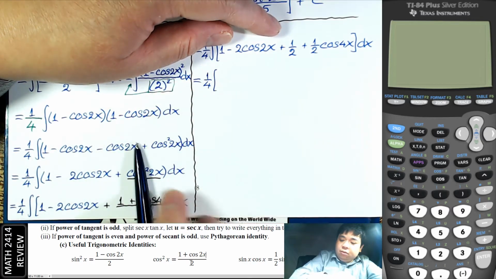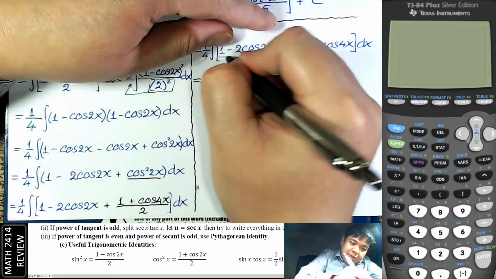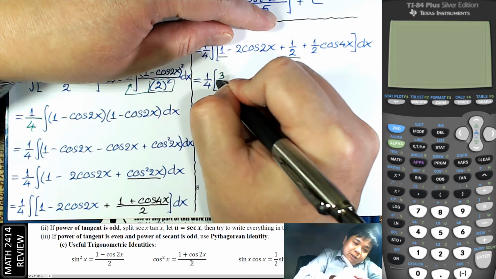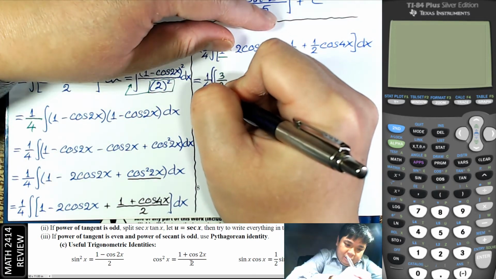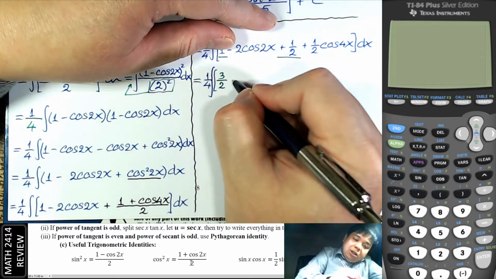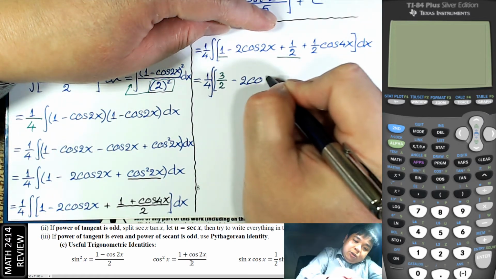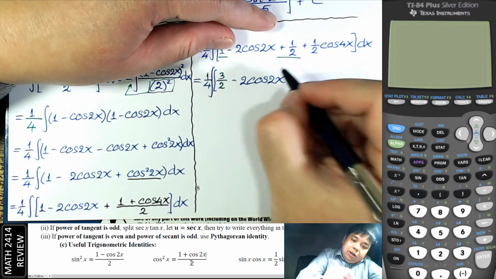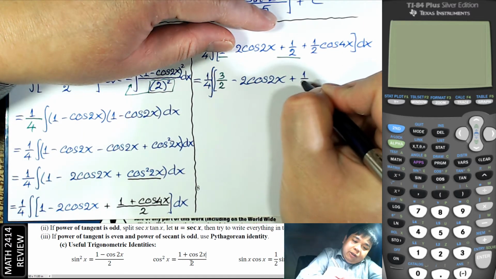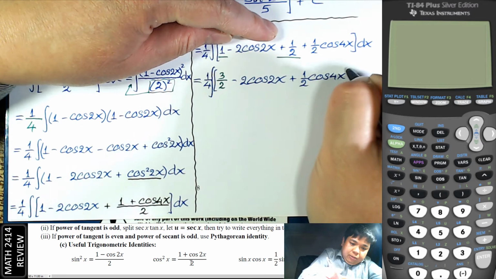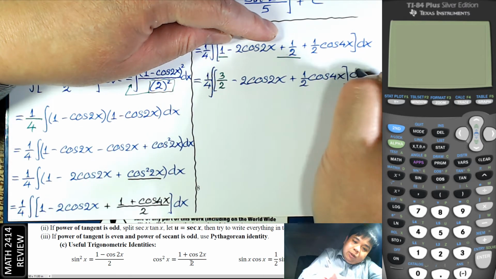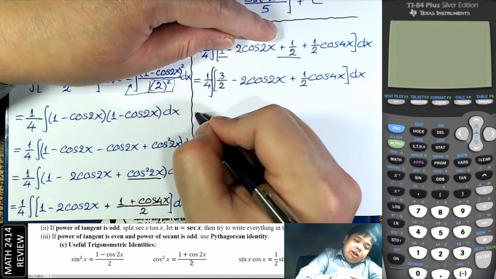Right? Got the integral minus 2 cosine of 2x plus 1/2 cosine of 4x. Right. The rest is easy.